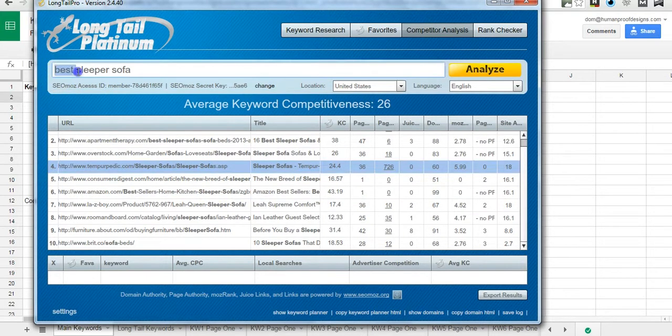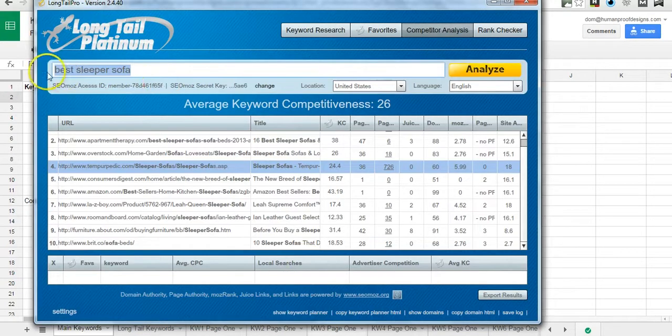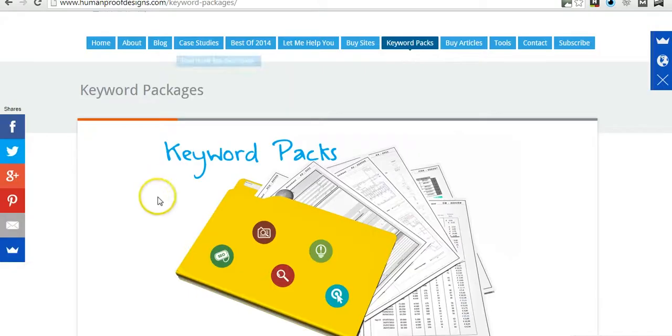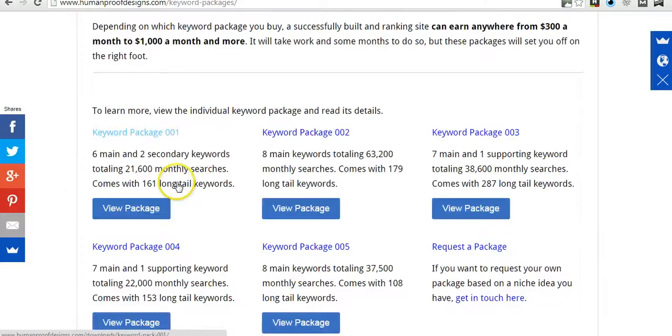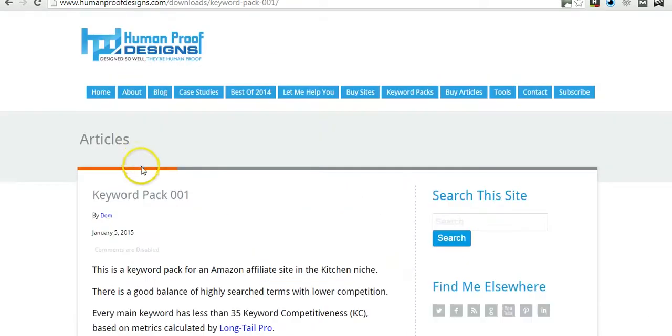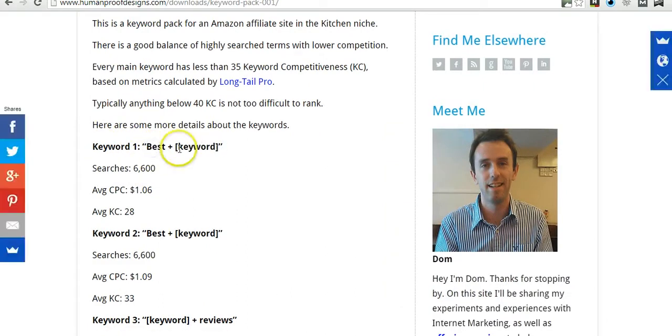And that reminds me of what I was going to talk about back with the thing. These keywords are things like best, or like La-Z-Boy review. So they're best keywords, review keywords. If we go down here to view more about the package and we load that up, keyword 1 is best plus keyword. So in this example, it would be best sleeper sofas.